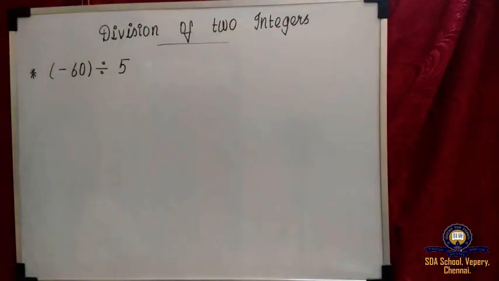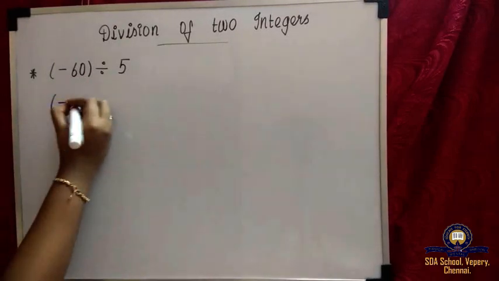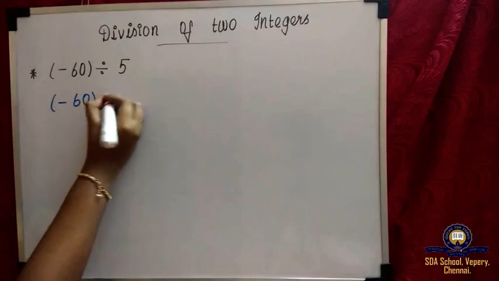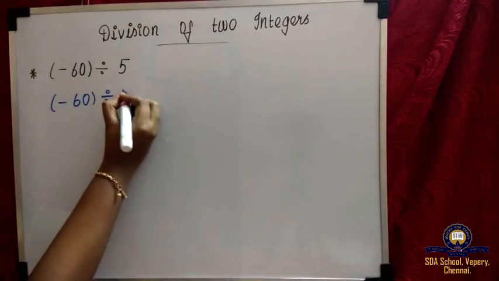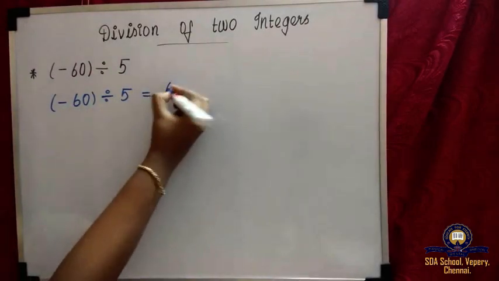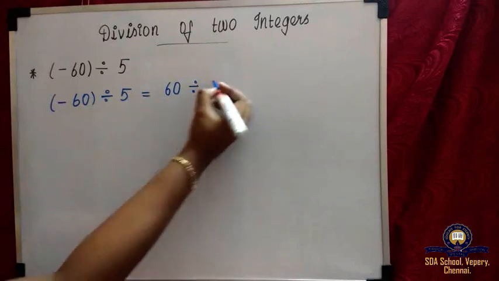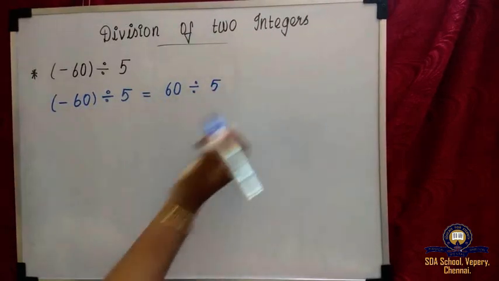Next problem, minus 60 divided by 5. So first we will find their absolute value and we will divide their absolute value. The absolute value of minus 60 is 60 and the absolute value of 5 is 5.